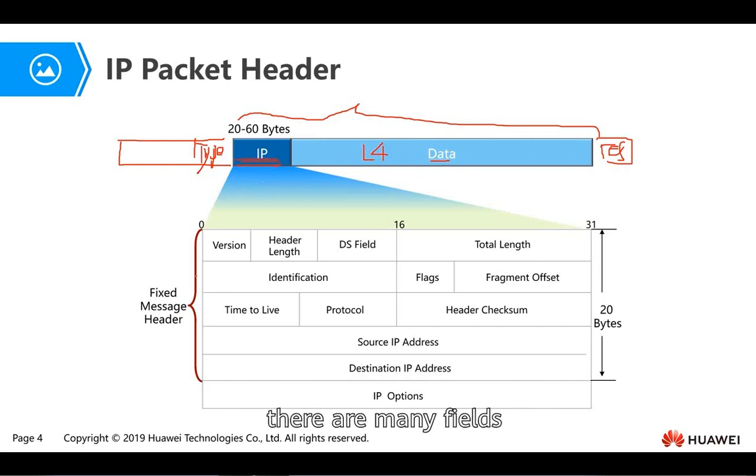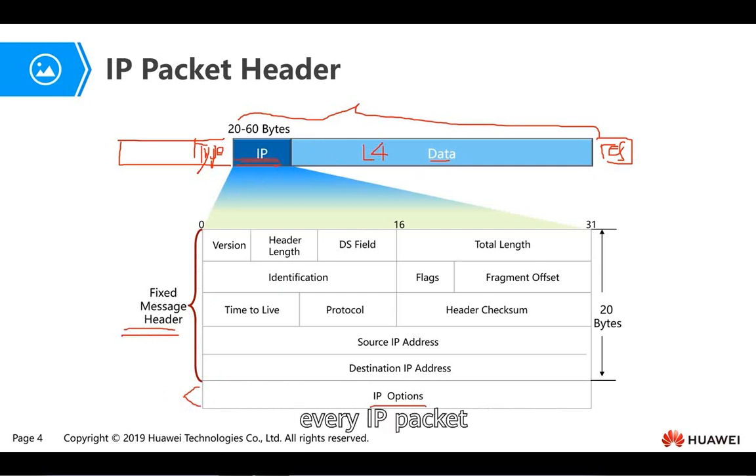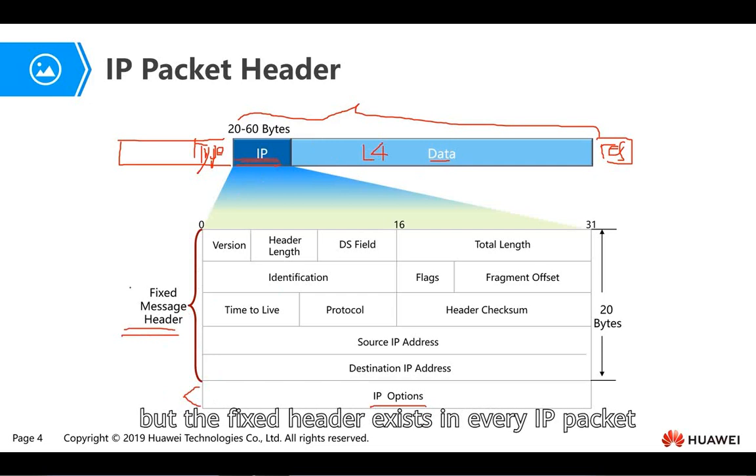Of course, there are many fields. We can see the IP header is divided into two parts. First is the fixed header, and then another is variable. The IP options do not exist in each IP packet, but the fixed header exists in each IP packet.